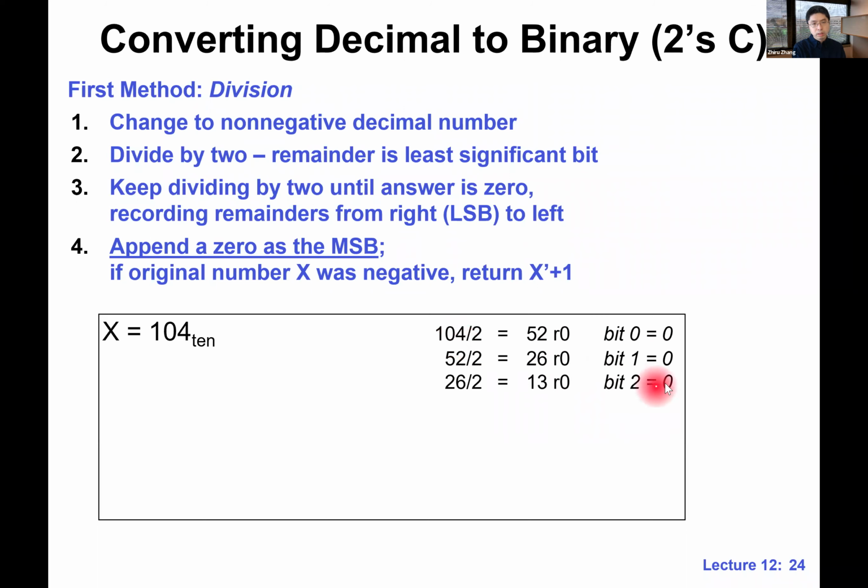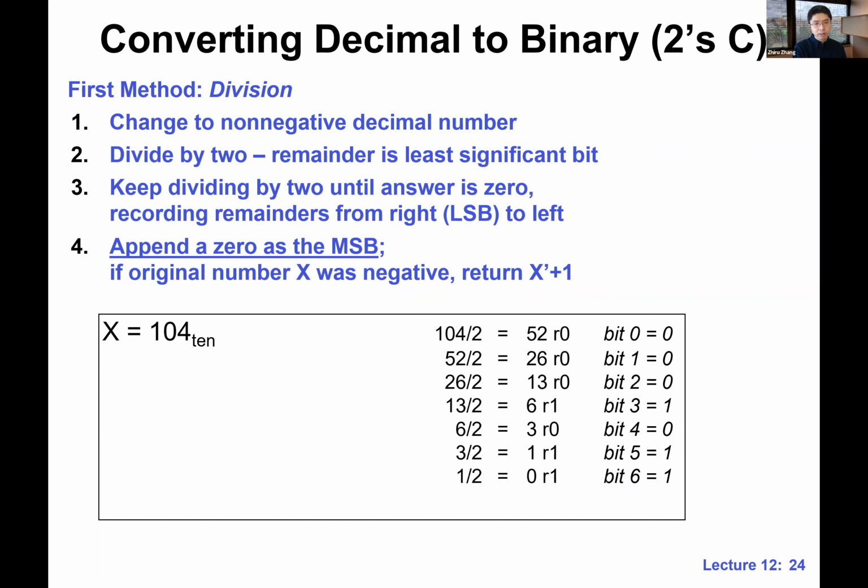So we keep track of the remainder and write down the bits one by one. 13 divided by 2, we get a 6, but now the remainder is a 1. That's where we have our first one. Again, this is iterative. We keep doing this until the quotient becomes 0. That's how we get the binary string.